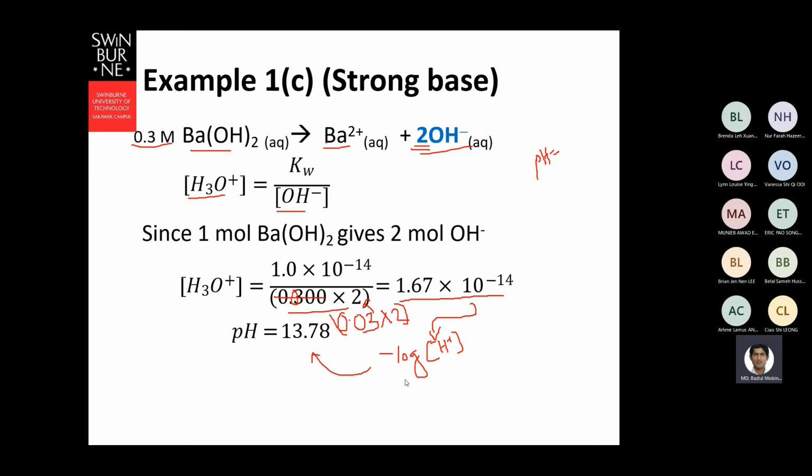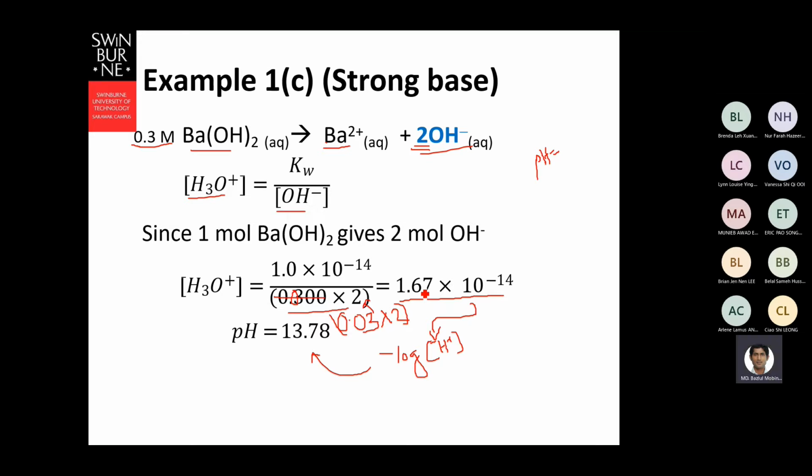12.78 for 1C. Let me check. So 1.66 times 10 power negative 3, isn't it? 10 power negative 14 over 0.06.